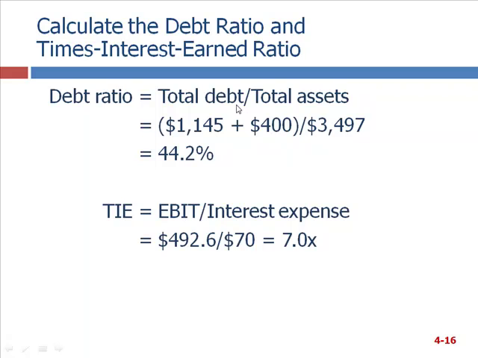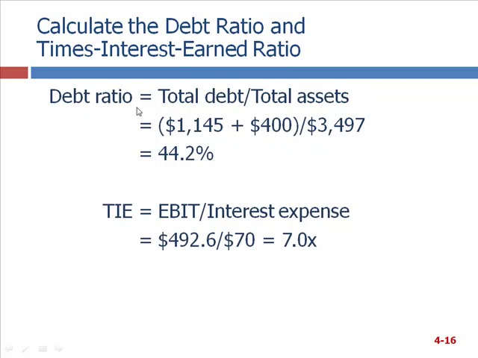Could be either from money that the owners infuse into the business out of their own pocketbooks, perhaps by shareholders buying new common stock, or it could be from retained earnings, where the company earns profits that would belong to the owners, but they aren't paid out to the owners as dividends. Instead, they're kept in the business and reinvested. That would be a form of equity. So there is debt financing and there is equity financing.